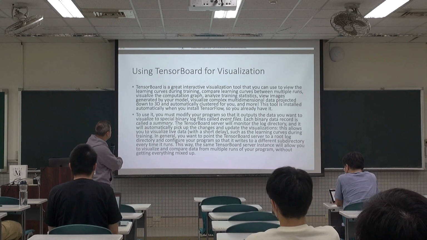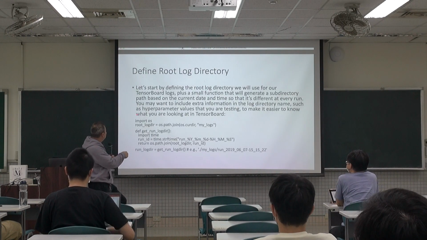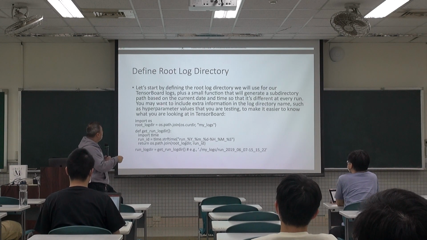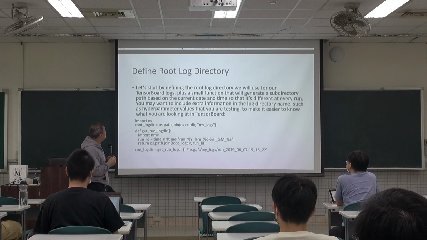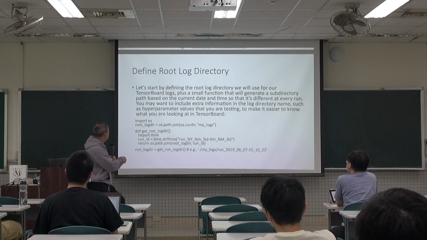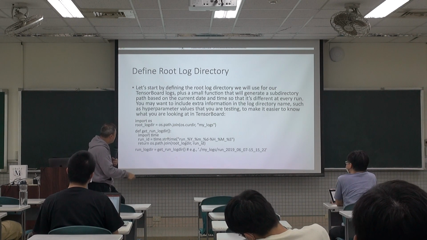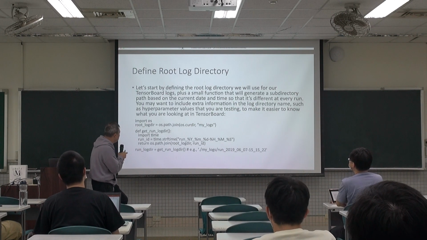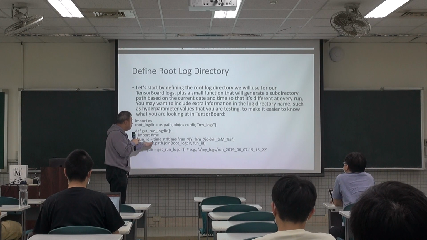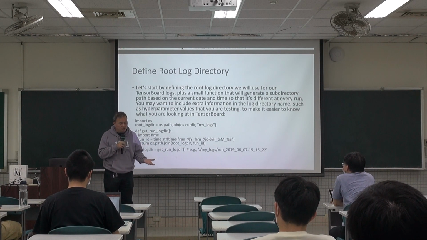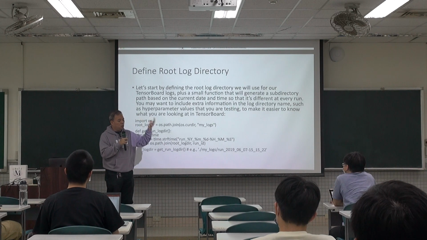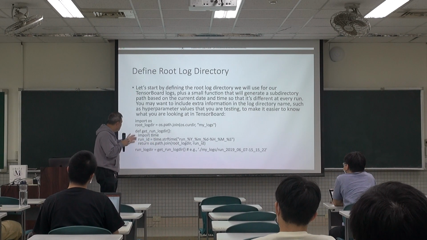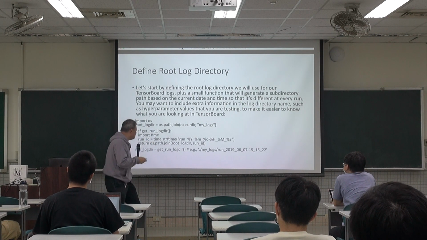So if you want your model to be visualized, then you import this and use this code, because you need to specify the place where you store those intermediate results so that TensorBoard can draw the visual result based on this text result.